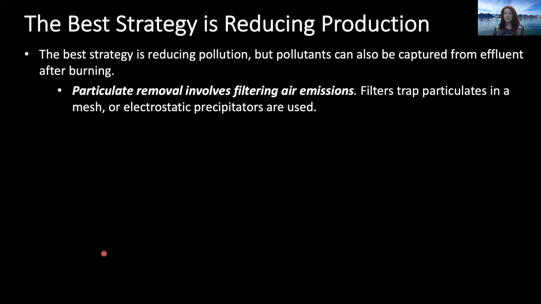In power plants, they use something called electrostatic precipitators. These are the most common particulate control. They work by sucking up ash particles through electrostatic surface charges, and then they can precipitate or collect these particles and either reuse them or throw them away in a safe manner.